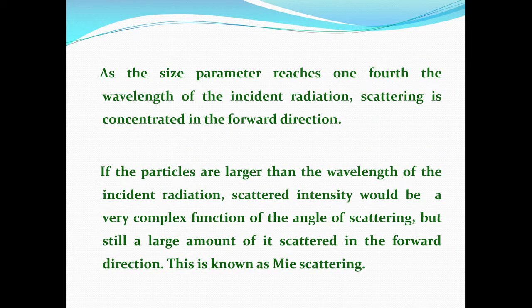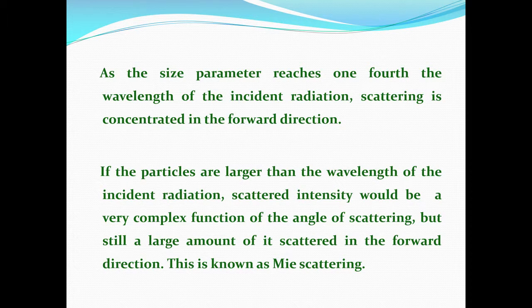As the particles aggregate and then coagulate, the particle size becomes bigger and bigger. So, as the size parameter reaches approximately 1/4 of the wavelength of the incident radiation, that is, I choose the incident radiation using a monochromator now.